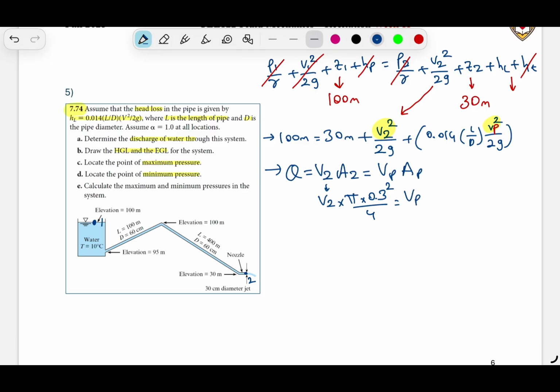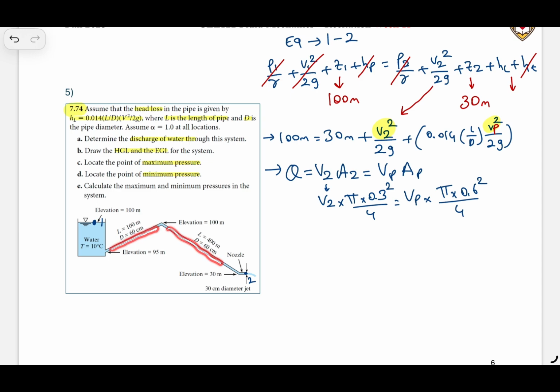And for Vp, we have pi d square, and this time it is going to be 0.6 square over 4. It is 0.6 because we are dealing with conditions within the pipe, so it is given as 60 centimeters.